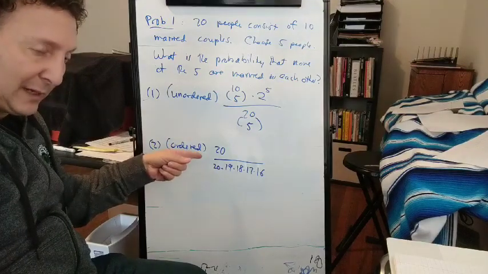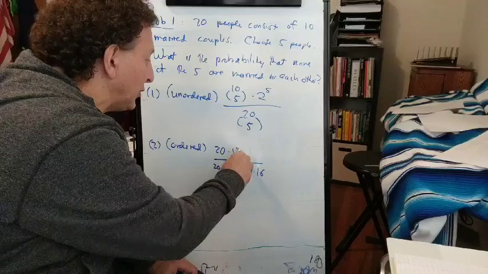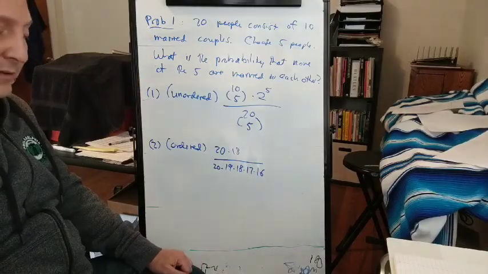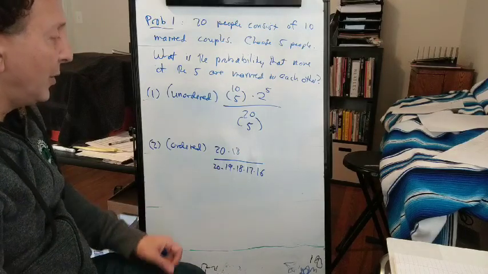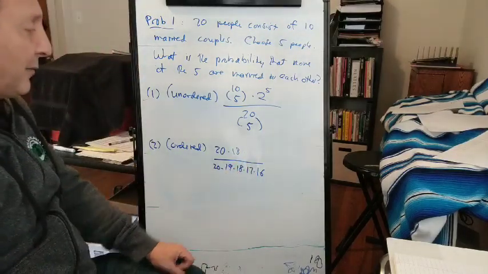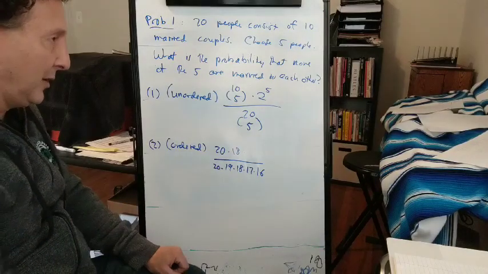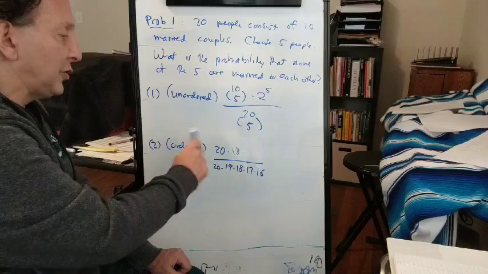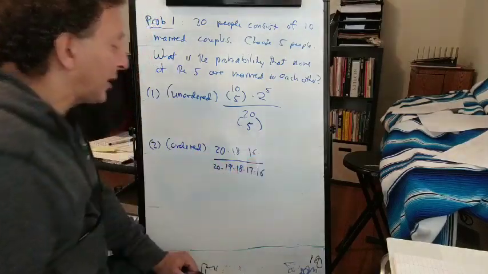So there's 1 person we can't choose, 19 total, so 18 that we could choose for the second. Alright, and then we want to choose anybody except for the partner of this person and the partner of that person. So we've got 2 chosen, 2 partners put aside, and I guess there's only 16 people that could be chosen for the third.